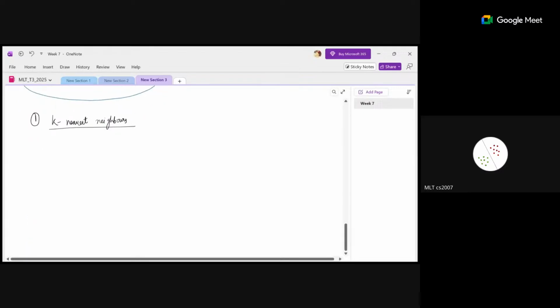Suppose we are given a set of data points.